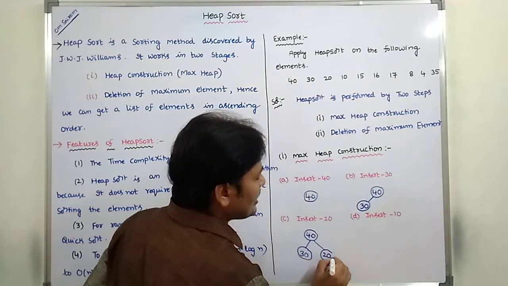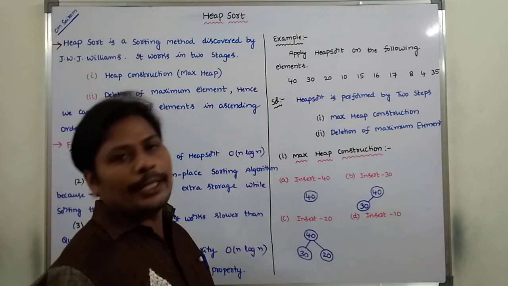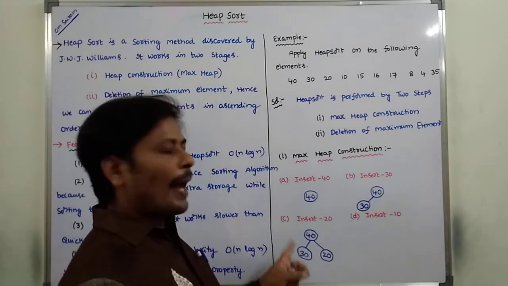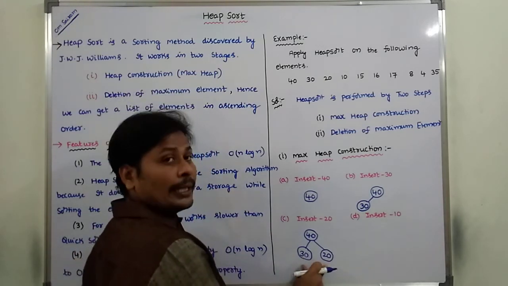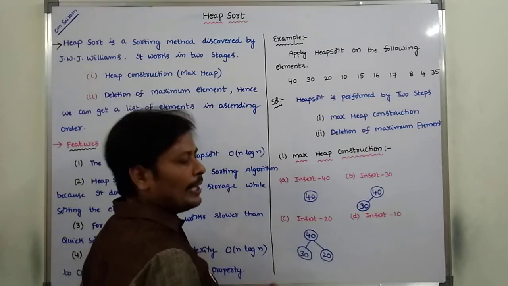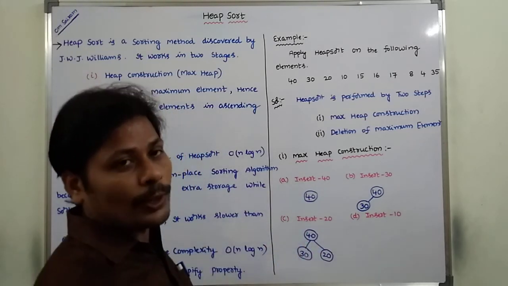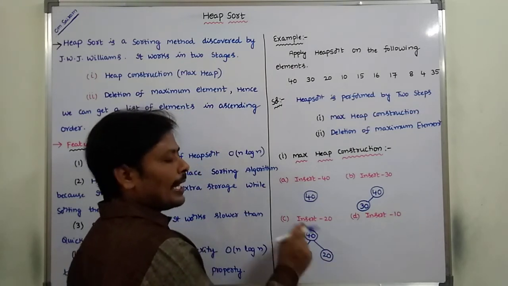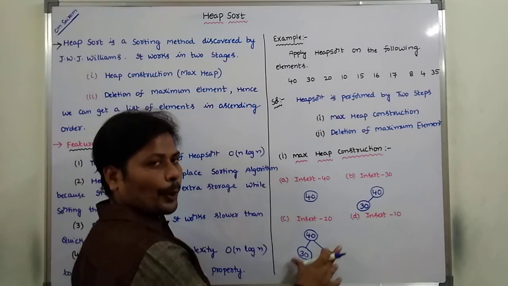Now we have to check whether it satisfies the maximum heap property. Here 30 and 20 have the parent 40. The parent node value is greater than its children's values. 40 is greater than 30, and 40 is greater than 20. So yes, it satisfies the maximum heap property.